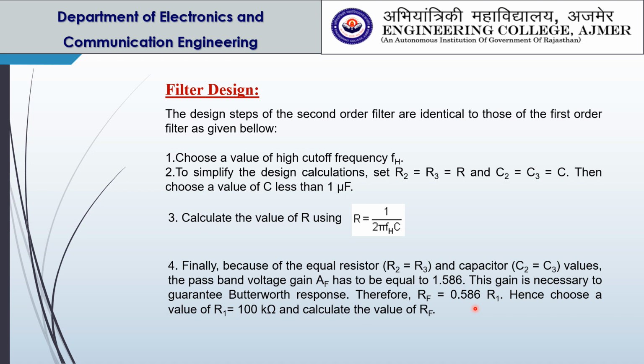If we keep this quantity according to this RF and R1, then we will get AF equal to 1.586, and that is necessary for a Butterworth response. So we choose the value of R1 equal to 100 kilo ohm and calculate the value of RF by putting in this relationship.